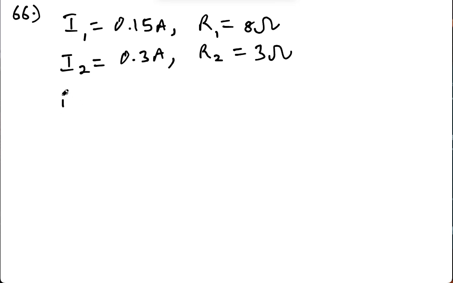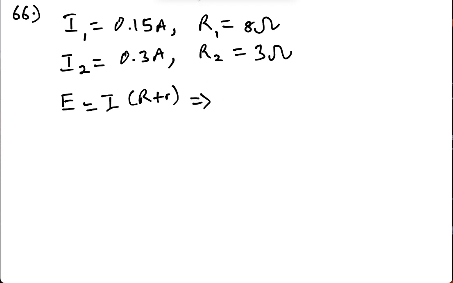So from what we know, EMF equals I multiplied by R plus r, where the small r is the internal resistance. So we know the current and the R in each case, so we just have to substitute there.